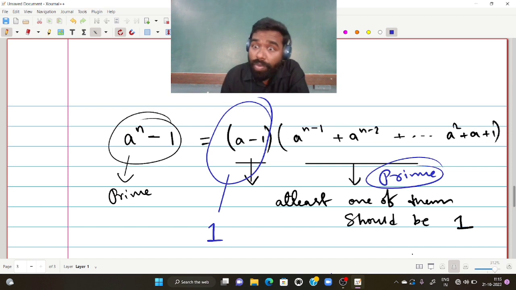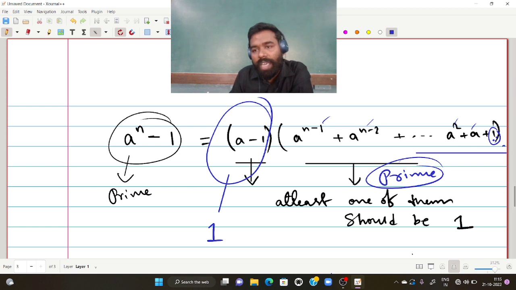See, if you notice, this part is 1 already, and some terms are adding with it. So if you add something to 1, how can it be 1? It is more than 1, right. So this is what it says, that this part cannot be prime, I mean it cannot be 1.